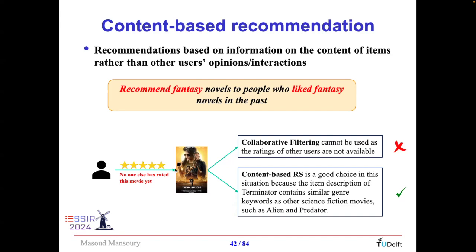Collaborative filtering would fail to generate recommendations for this user or find similar items to this item, but a content-based recommender would be able to find similar items because it only relies on the content similarity between this item and other items. We also assume content is available.